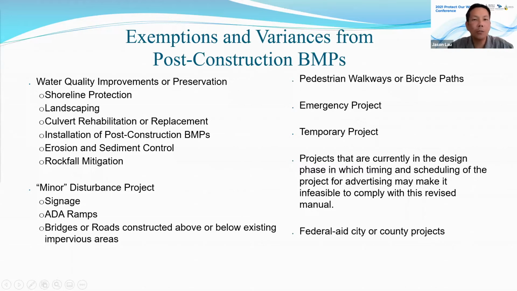Now, most of Oahu and parts of Maui can be characterized as having ultra-urban highways, which are areas with limited right-of-way, high traffic volumes, high amounts of impervious surfaces. Everything you see in this picture here has compacted soils, which results in limited infiltration. And if you can imagine trying to put in a post-construction BMP in this corridor, whether it's a bioswale or infiltration basin, is very, very difficult.